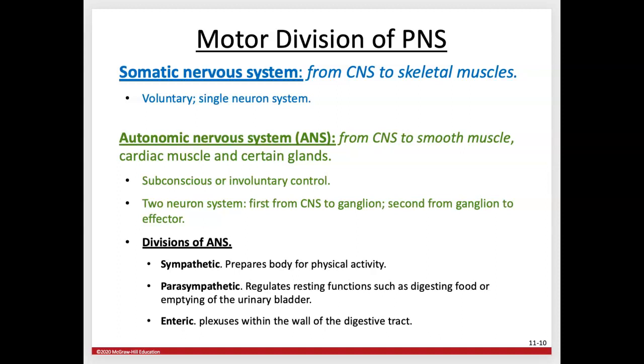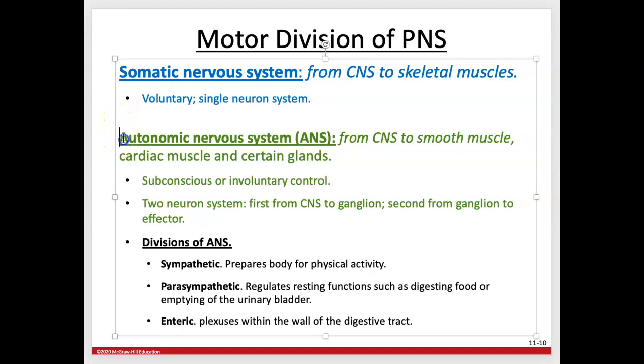The autonomic nervous system, also known as the ANS, carries impulses from the central nervous system to smooth muscle and cardiac muscle as well as certain glands. The autonomic nervous system is controlled automatically.